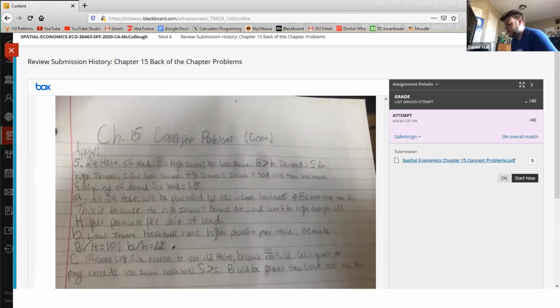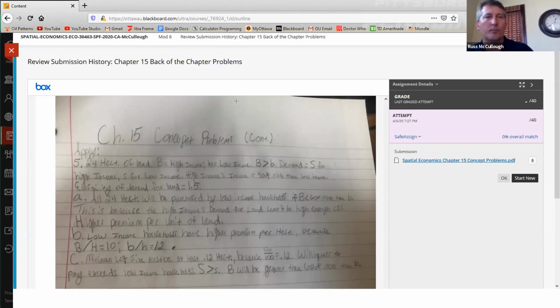If big B is less than 60% more than little b, it's because the high income's demand for land won't be high enough, which is the big S compared to the little s, and the higher premium per unit of land would favor the low income. That's what I had for A.